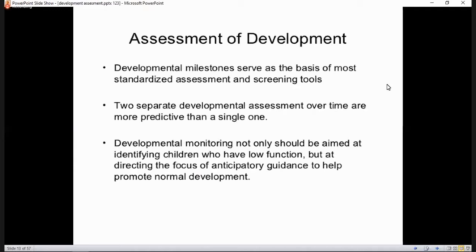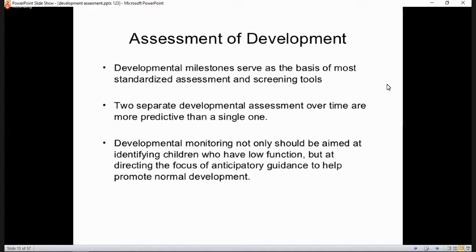Whenever you do a development assessment, 2 separate developmental assessments over time are more predictive than a single one. Developmental assessment should be aimed not only at identifying the child who has low function, but at directing the focus of anticipatory guidance to help promote normal development.